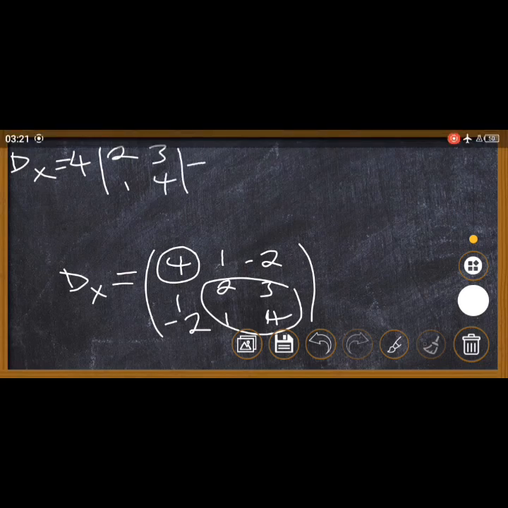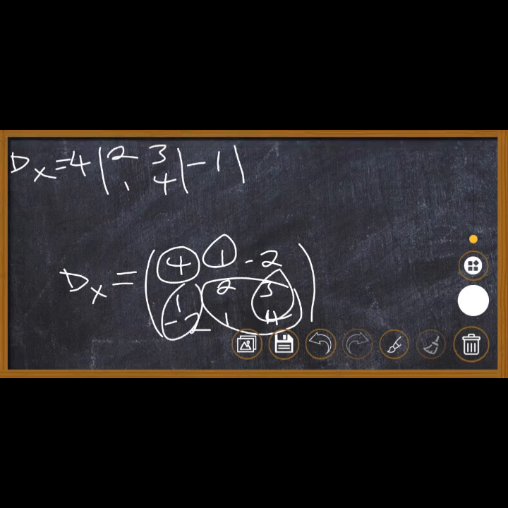Then minus 1, so we multiply with the matrix of 1, negative 2, and then 3, and then 4 here.